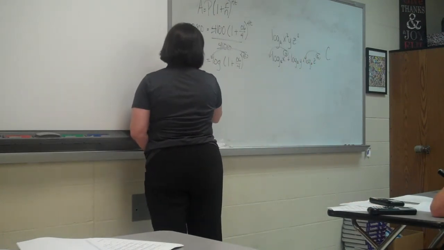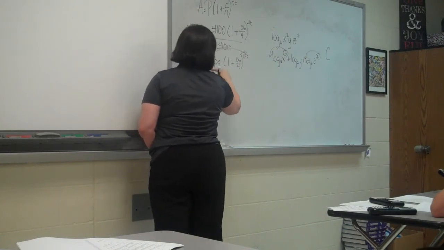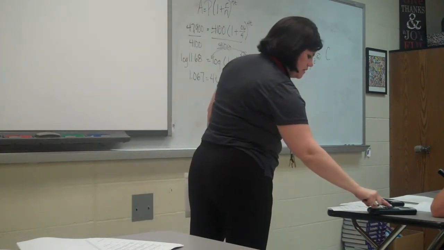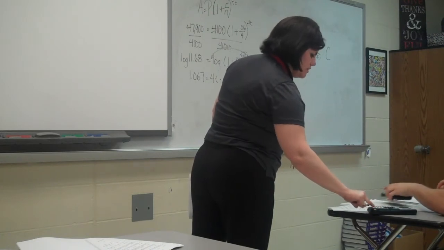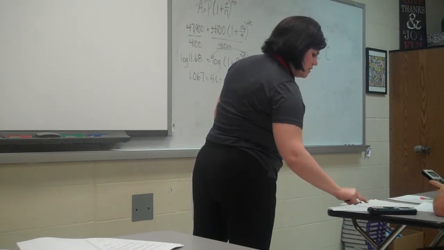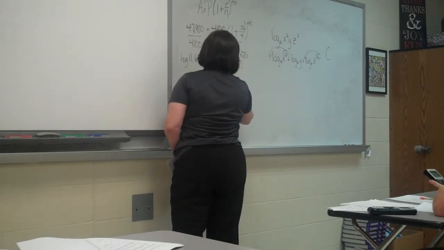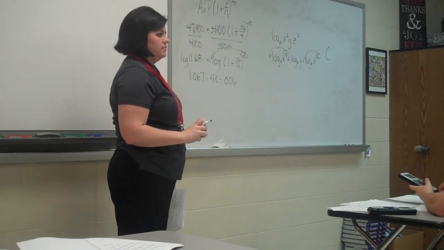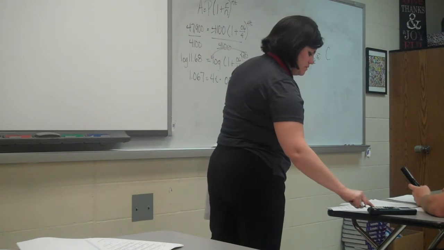This is 1.067 equals 4t times this. The log of 1 plus 0.06 divided by 4 is 0.006. Now what? Divide by 0.006.